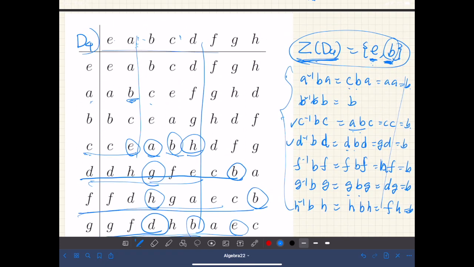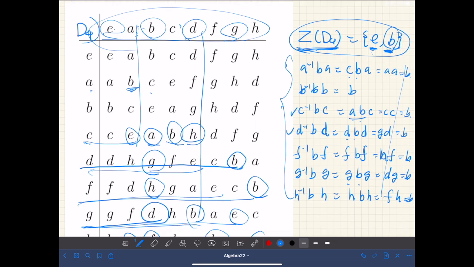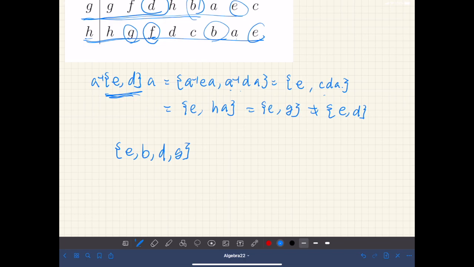So among all these 8 elements, E, B, D, G, they comprise a subgroup of D4. And we can show that this is a normal subgroup.